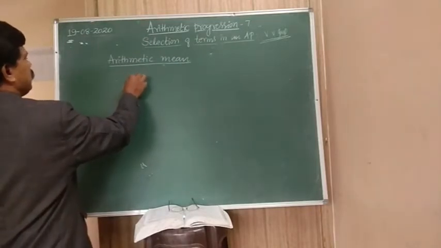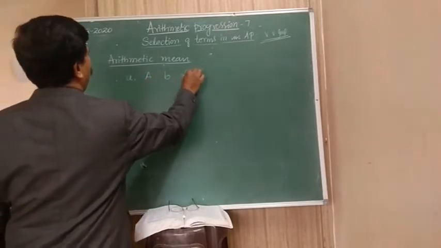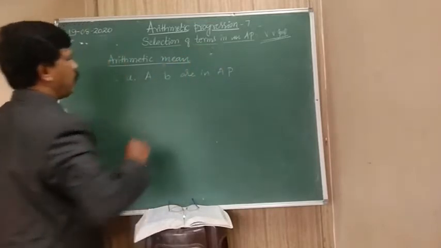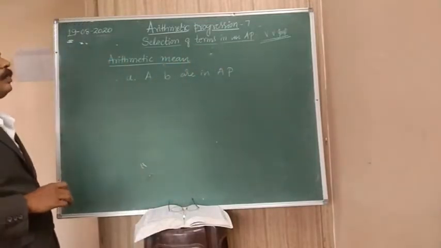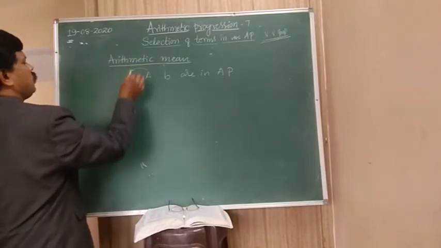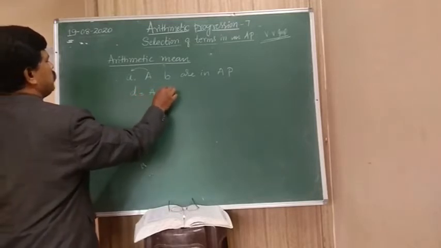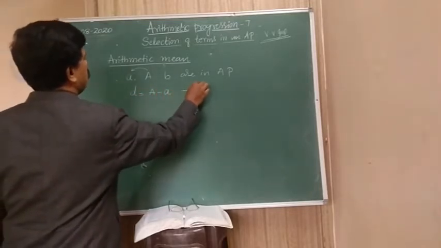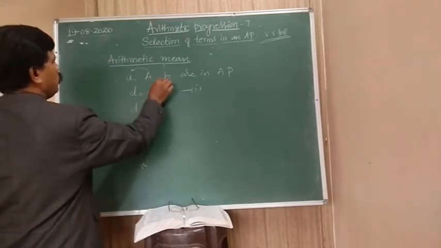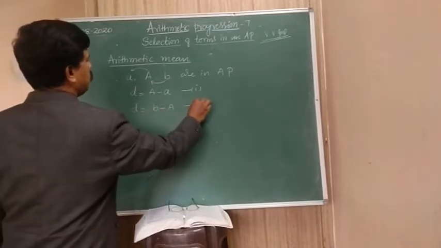Let a, A and b be in AP. Then let us find the d of these two. d is equal to A minus a. Call this equation number 1. Another d of these two is b minus A, that is the second one.